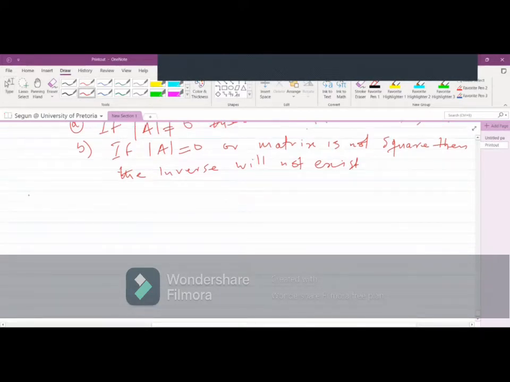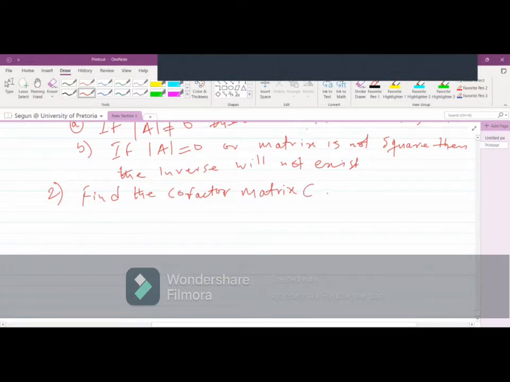Okay, number two. Remember, we are talking about the steps now. Step 2, find the cofactor. Find the cofactor of the matrix.